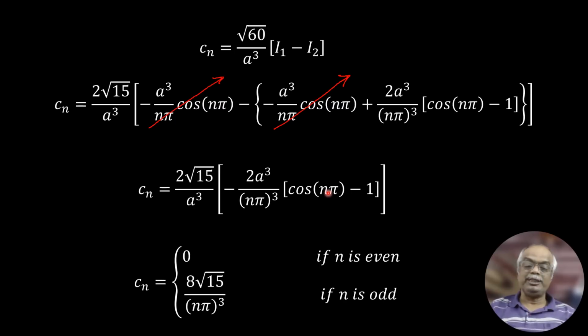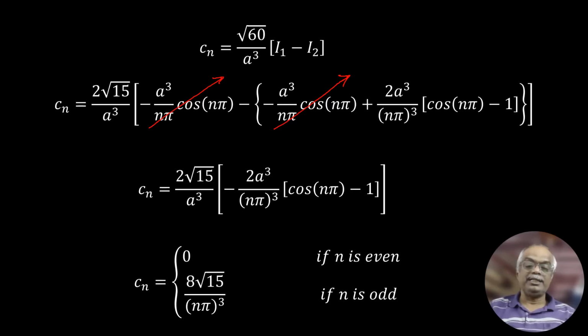What will happen if n is odd? Then cos nπ will be minus 1. Minus 1 minus 1 is minus 2. So this minus 2 multiplied by this minus 2; minus of minus will become plus. 2 into 2 is 4, and already one 2 is here, so this will become 8 square root of 15.